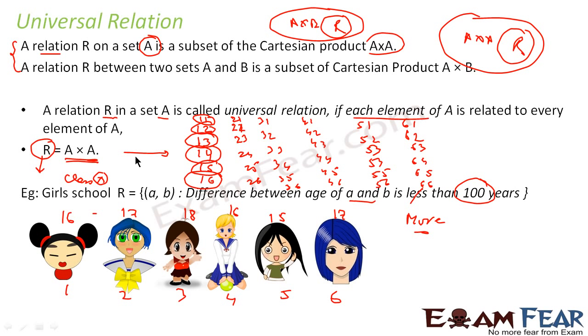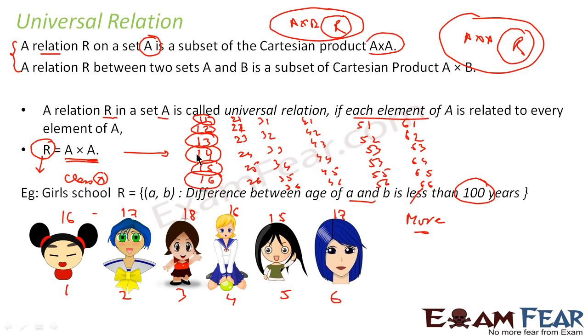If the pattern which you define takes none of the objects, then that relation is called empty relation. For example, when you say the difference in the age is more than 100 years, or you say A is the brother of B, in that case also none of the values here will satisfy the condition, so that will be empty relation.